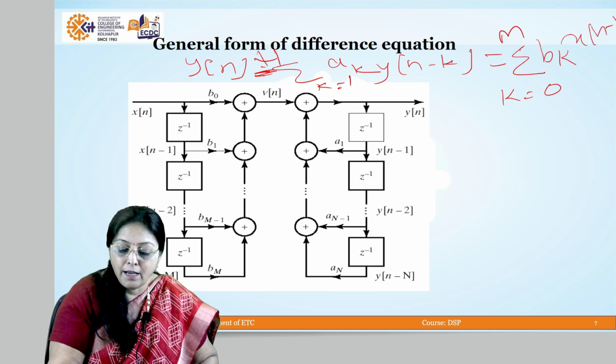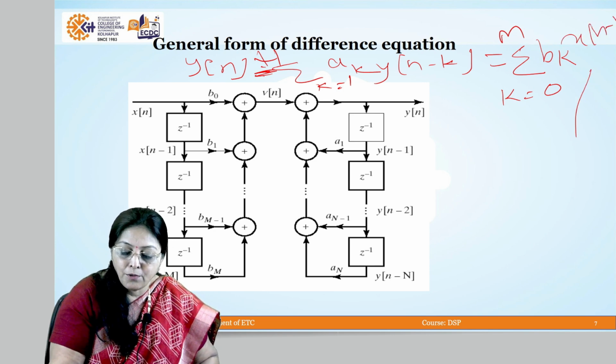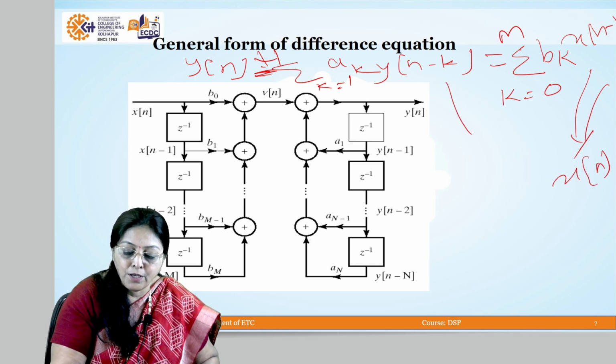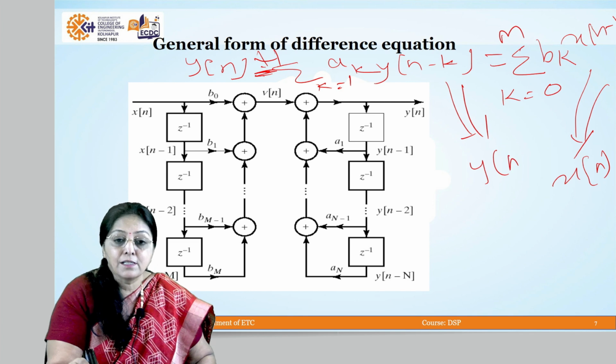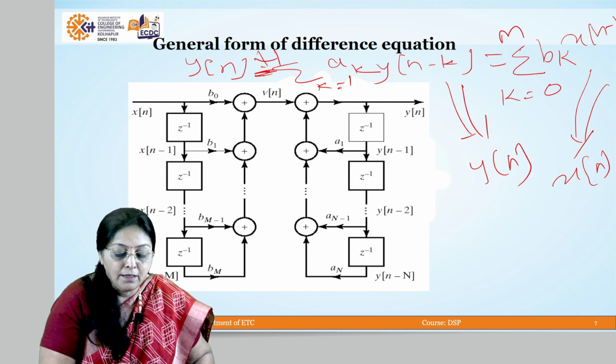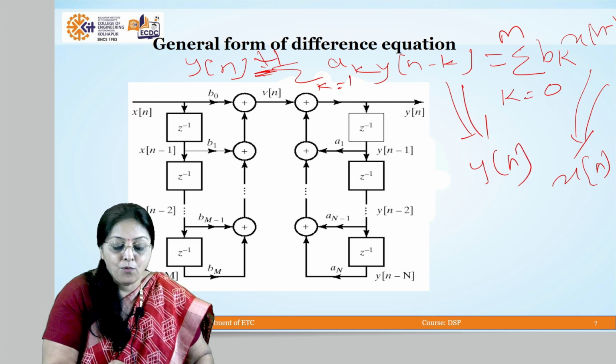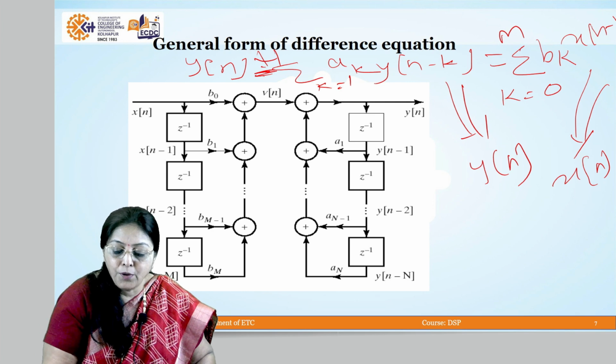So this parameter is related to x of n and this parameter is related to y of n. When you observe this diagram, the input is x of n and the output is y of n.